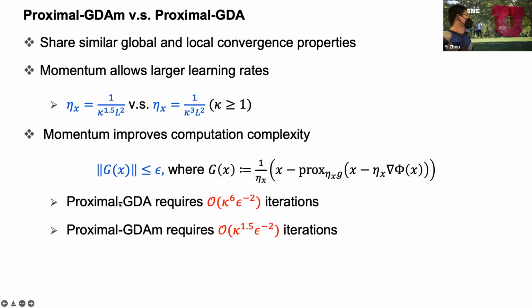The top one does not have momentum, and the bottom one, with the small m, stands for momentum. Comparing their complexities, you can see that with momentum, it has a better dependence on the condition number. Here kappa denotes the condition number, which is strictly greater than 1.